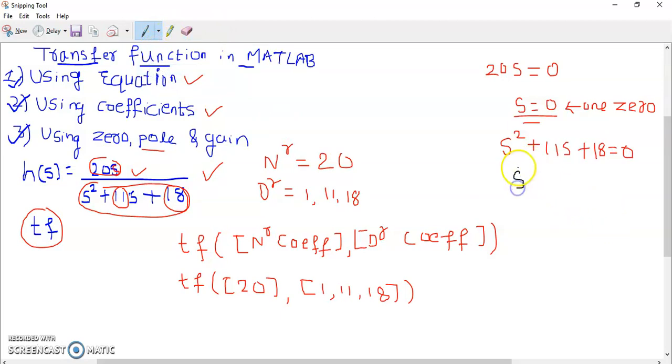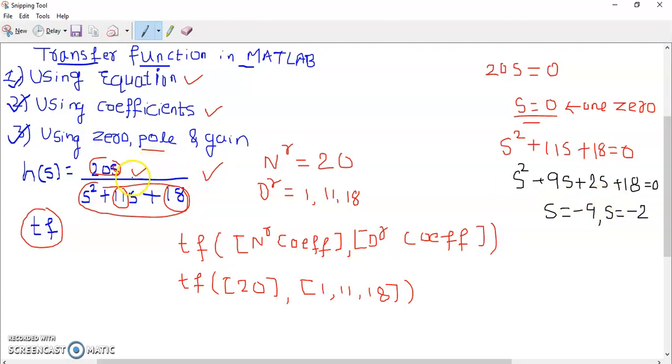This will be s square plus 9s plus 2s plus 18 is equal to 0, since 9 plus 2 is 11 and 9 times 2 is 18. So the poles of the transfer function are s is equal to minus 9 and s is equal to minus 2.